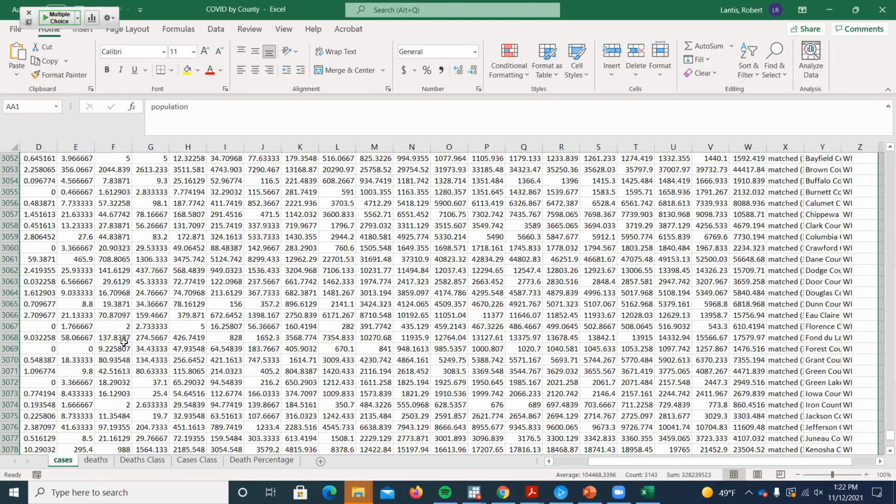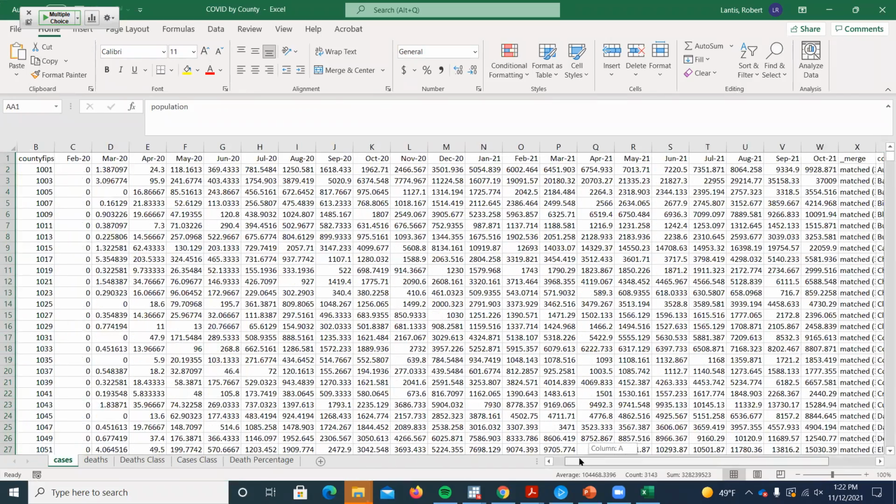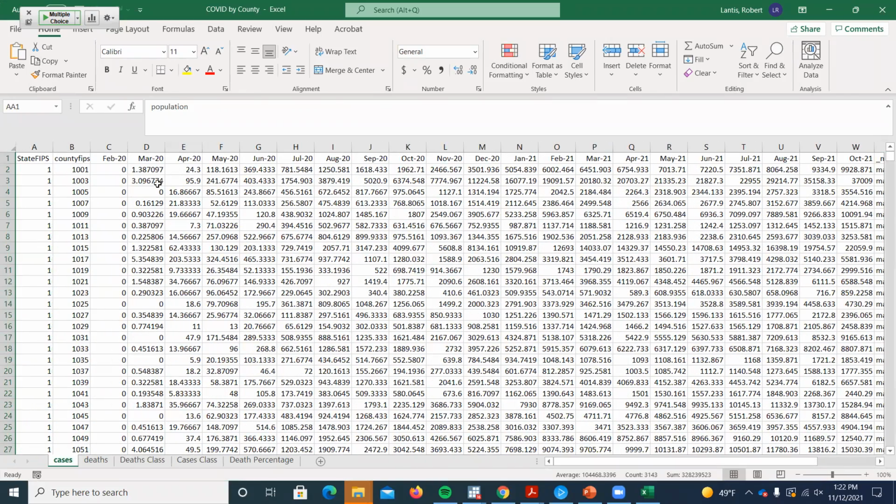Now the problem is, and I'll teach you a little about data cleaning and collection, notice all of these are always getting larger. The data comes in as the total number of cases since the beginning of COVID tracking.